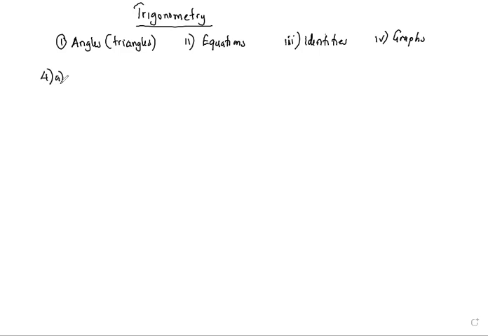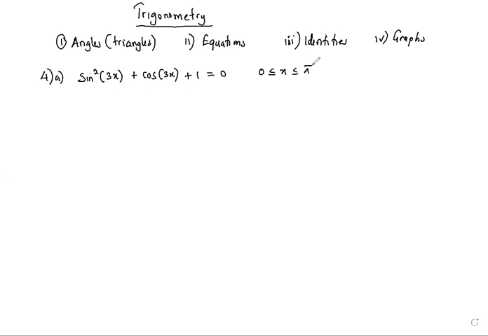Solve the following trigonometric equation in the given interval: sine squared 3x plus cos 3x plus 1 is equal to 0. The answer must be between 0 and pi.